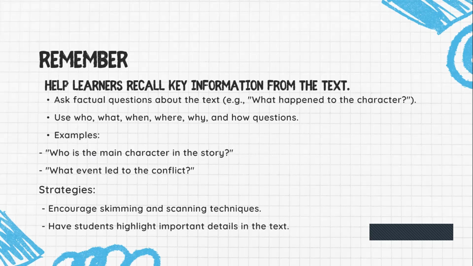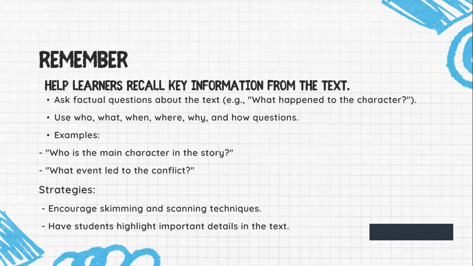Gavi was going home in the rain, and cats and dogs fell all around him. That's an example, right? So this skill requires the use of the 5 Ws and an H. That's who, what, when, where, why, and how.